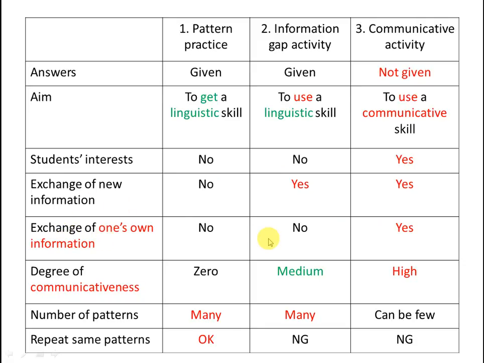So in an information gap activity, we do exchange new information, but that new information is not ours at all. So in information gap activity, we don't exchange our own information, but we do so in a communicative activity.